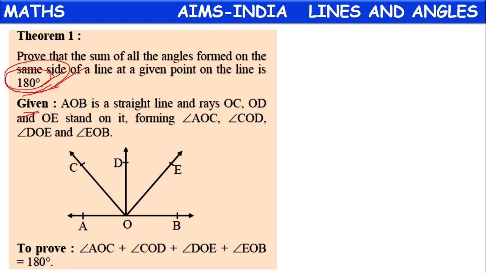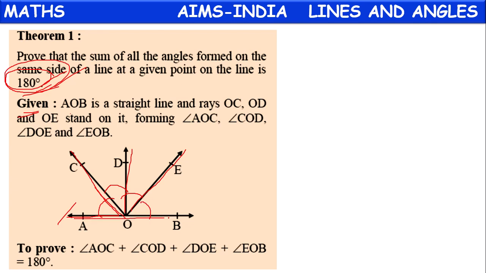So, given that, they have given a straight line AOB and rays OC, OD, OE standing on the line, forming angles AOC as one angle, COD as the second angle, DOE as the third angle, and BOE as the fourth angle.